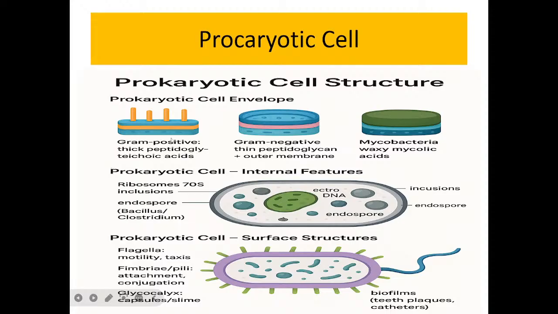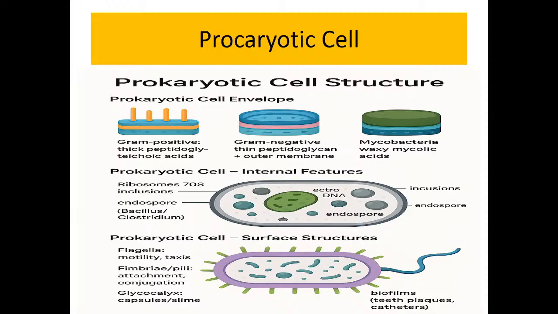The bluish parts are the thick peptidoglycan. And the gram negative, the blue, is very, very thin. And that's why they call them negative. Gram negative: thin. Gram positive: thick. So even if you don't know any other thing, know the difference between gram positive and gram negative. Negative has a very thin peptidoglycan plus an outer membrane.